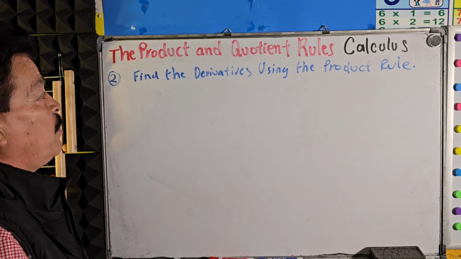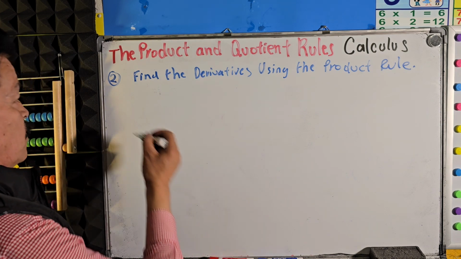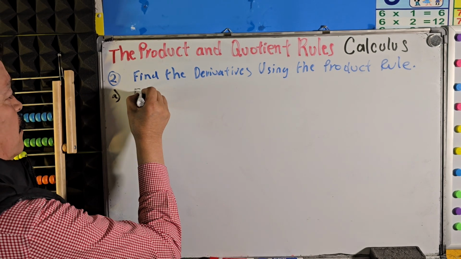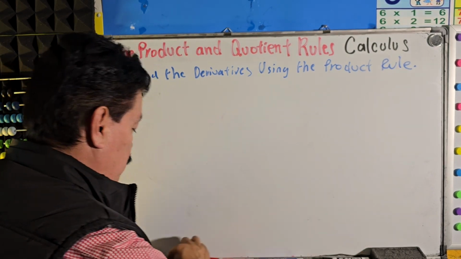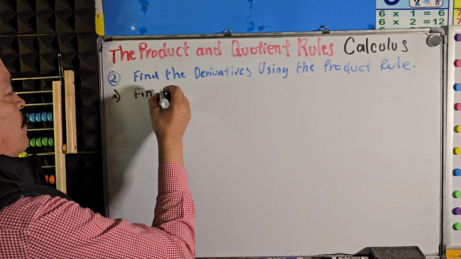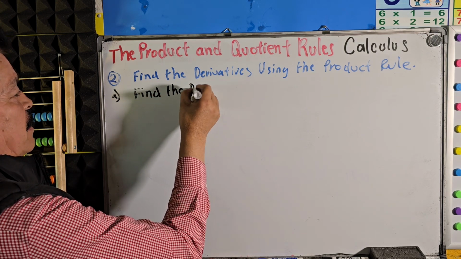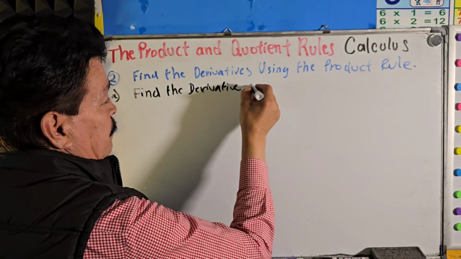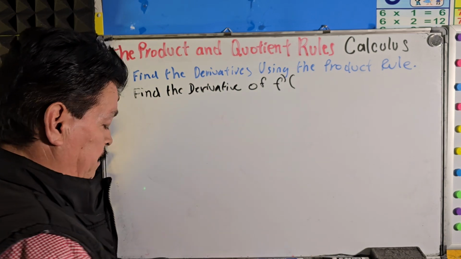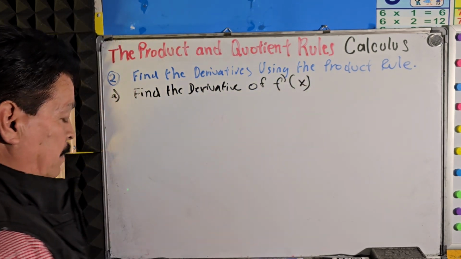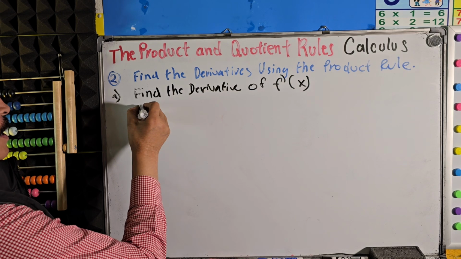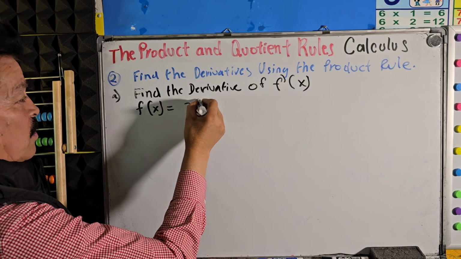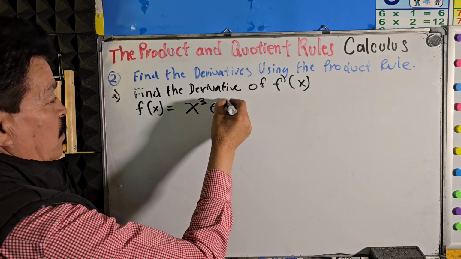We know now what the product rule is. So our problem here is, find the derivative of f of x equals x to the third power times e to the x power.